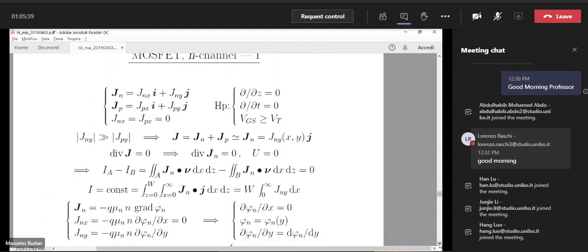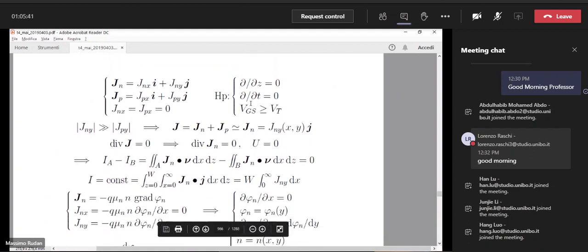Okay, so for the moment, we apply a voltage. In this case, it is indicated with VGS, so a voltage between gate and source, but we shall see it is the same thing, okay? Large enough means larger than some limiting value that we call VT.